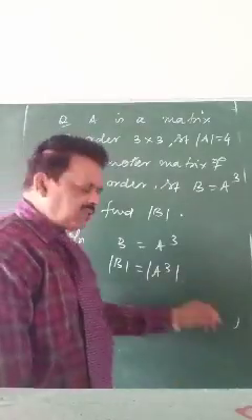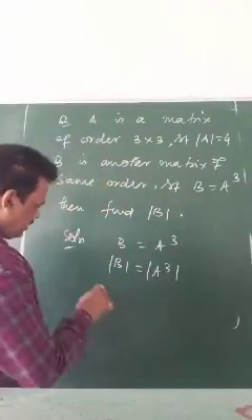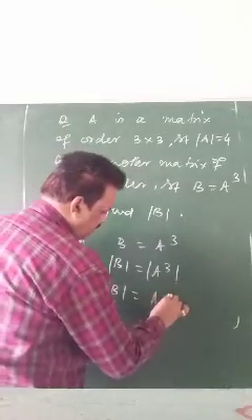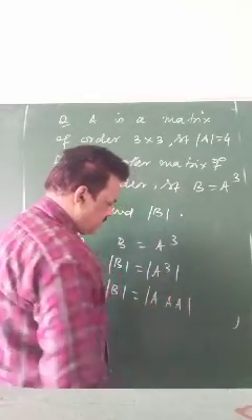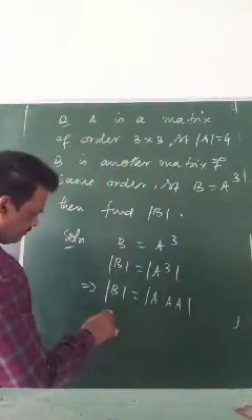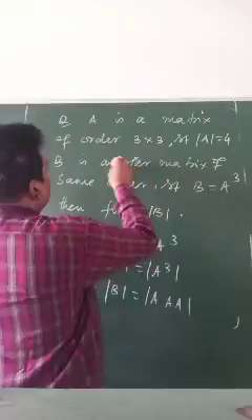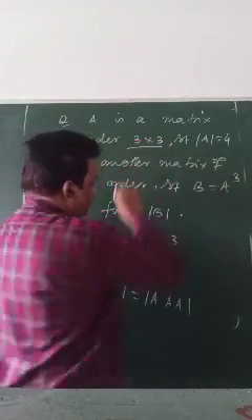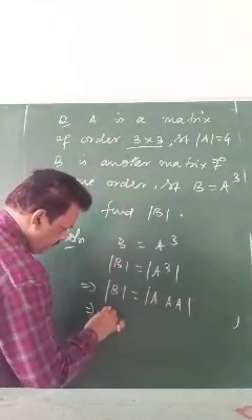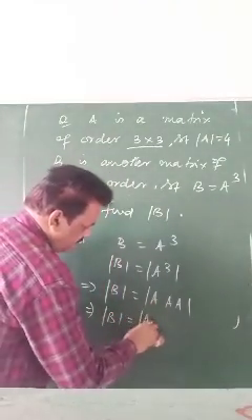You can take determinant both sides. What is the meaning of this? Because it is same order, it is a square matrix. That is why you can write determinant.